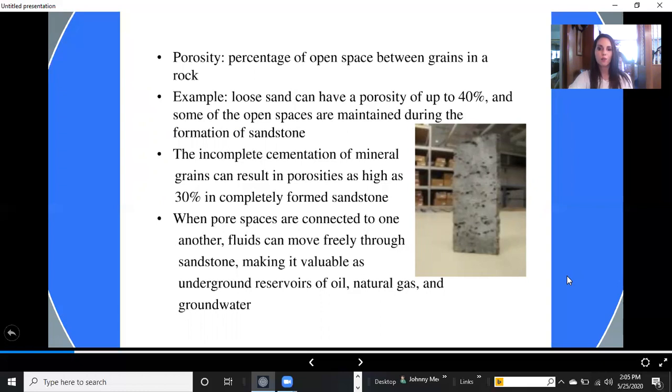So in other words, during that cementation process, what we talked about with the Rice Krispie treat, if you don't have enough marshmallow, you're going to end up with a porous surface. And when the pore spaces are connected to one another, fluids can actually move freely through the sandstone, making it very valuable as a source of an underground reservoir of oil or natural gas or groundwater. So sandstone can be very valuable in that way.